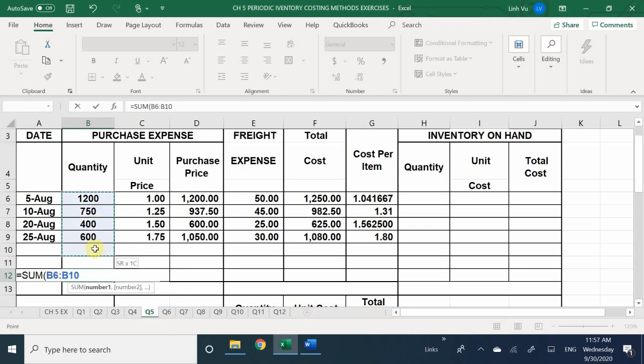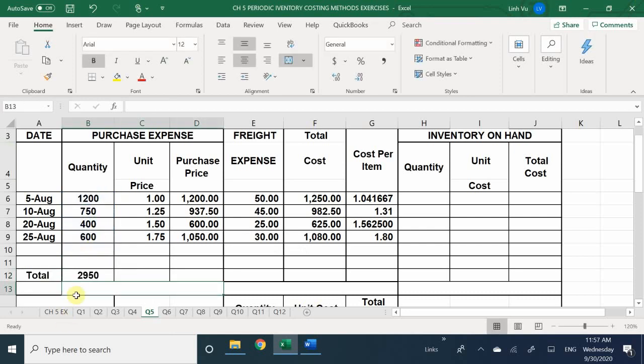So here I should have a total of 2,950 items. My total purchase price is going to be $3,787.50. Okay.